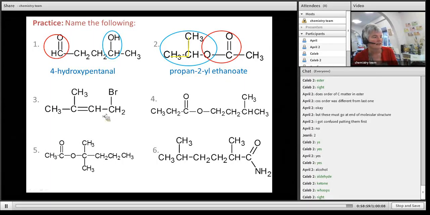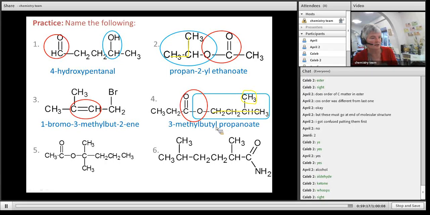This is an alkene with a halogen, so it's done the normal way where it ends in an alkene. Here it's an ester again, so I'm going to go quite quickly. This is complicated. Yep, so it's carbon 1, 2, 3, 3-methylbutyl.